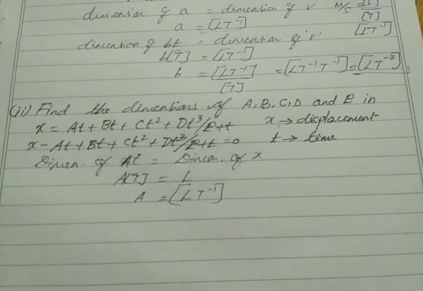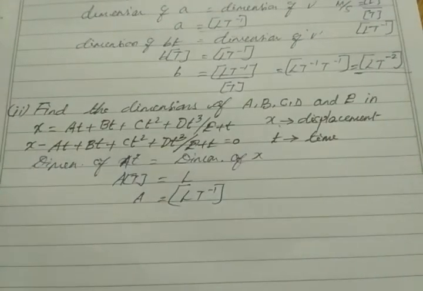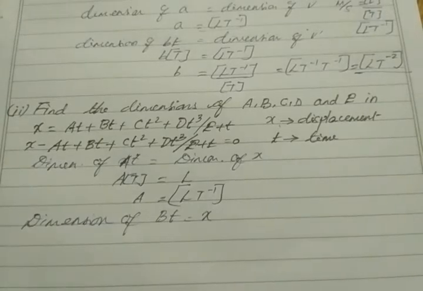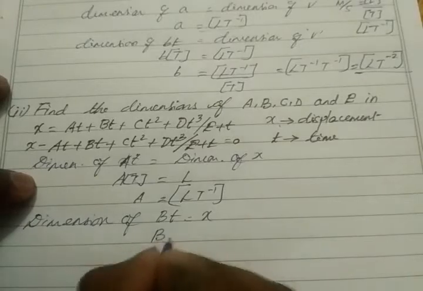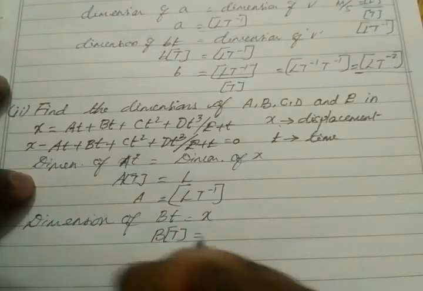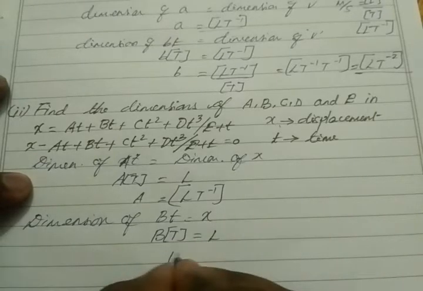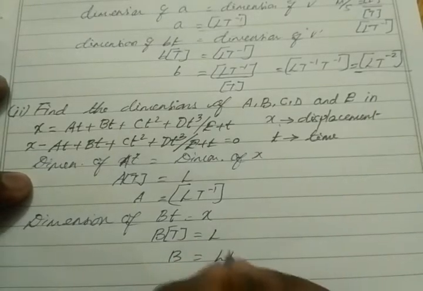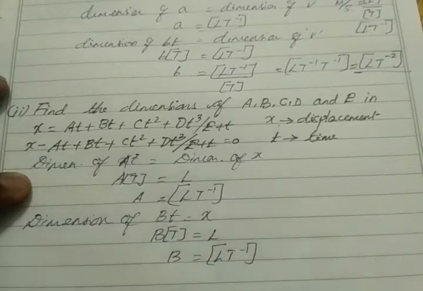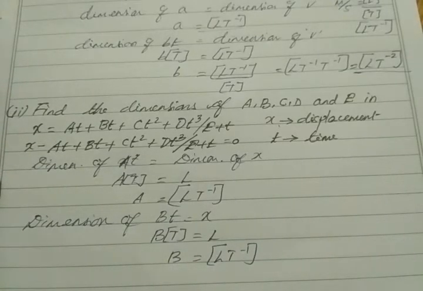Clear? Then next one, the dimension of B. Here also we got the same value, correct? So B capital T equal to, for x we have L. So B equal to L T power minus 1. Okay. Then the third one, the dimension of CT square.